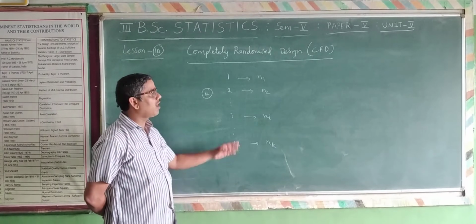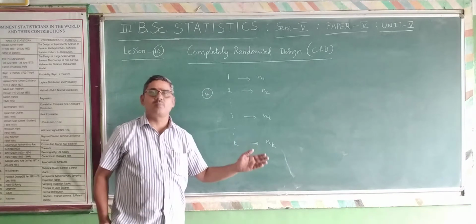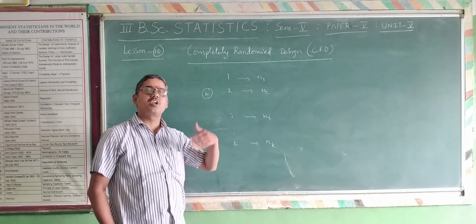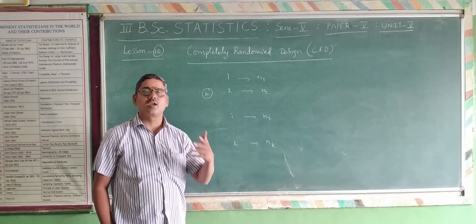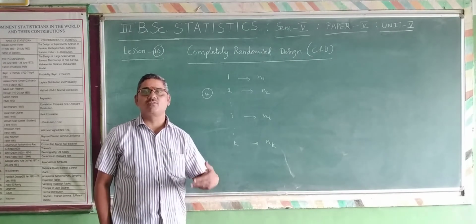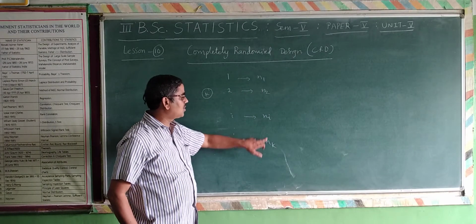There is no need to have any restriction on the number of replications. The first treatment may be replicated 2 times, the second treatment 4 times, and the third treatment 5 times. That is the reason why we have specified n1, n2, and so on up to nk.